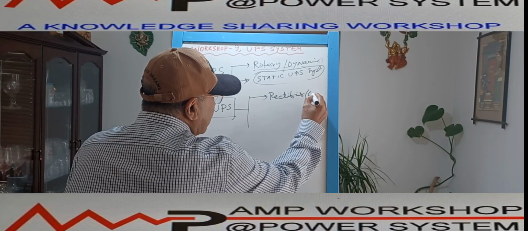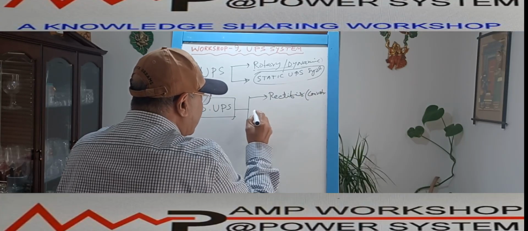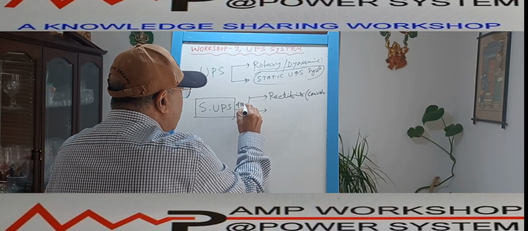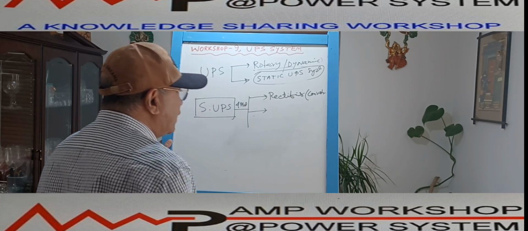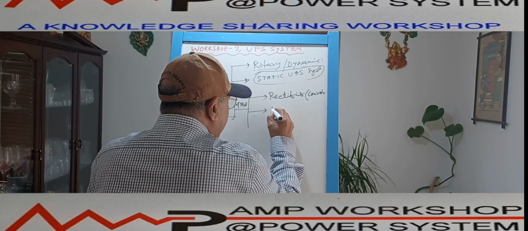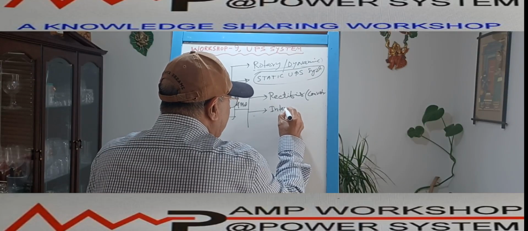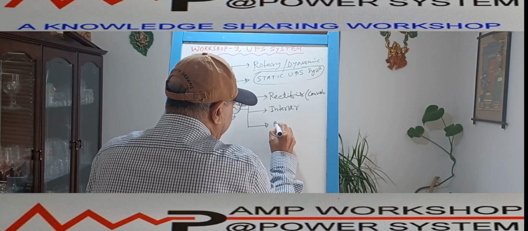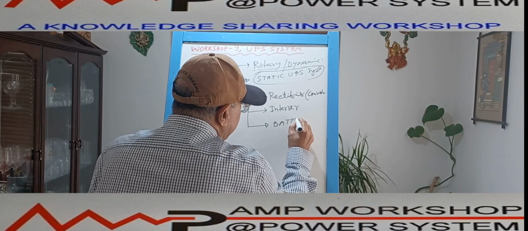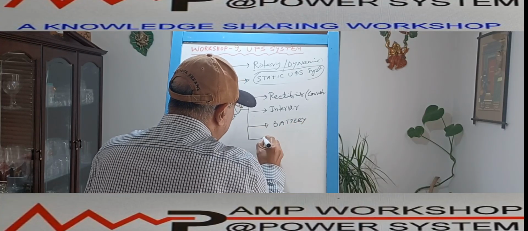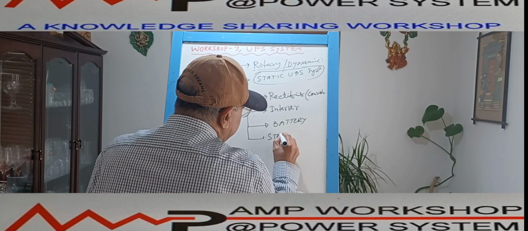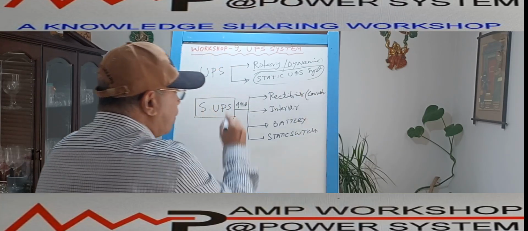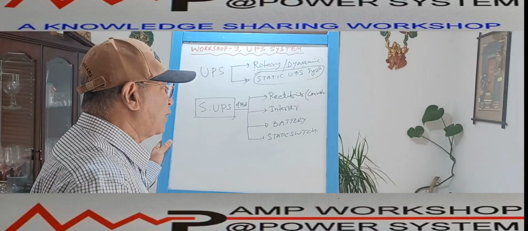The second module is the inverter, which is also another converter. The third module is the battery, and the fourth module is the static switch. These are the four modules which make up a single UPS system.